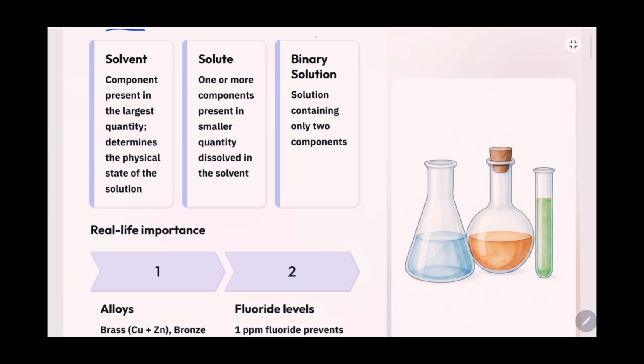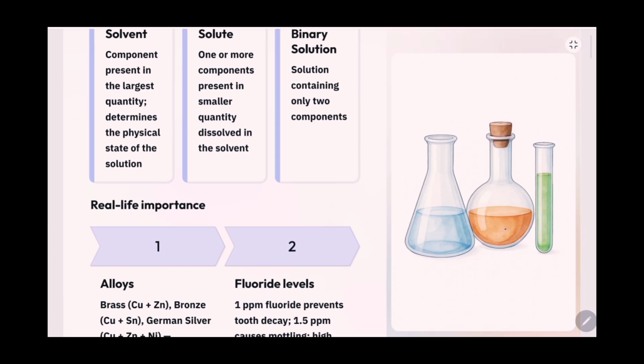For example, we have these solutions in front of you, and if I talk about the first container, there is a solution, and if I take portion A of this liquid and portion B of this liquid, then the percentage of the solute should be the same in part A and part B. So if the composition of part A is, let's say, 2%, then the percentage of B also should be 2%. If it is not 2%, then we will say they are not homogeneous and it is not a solution.